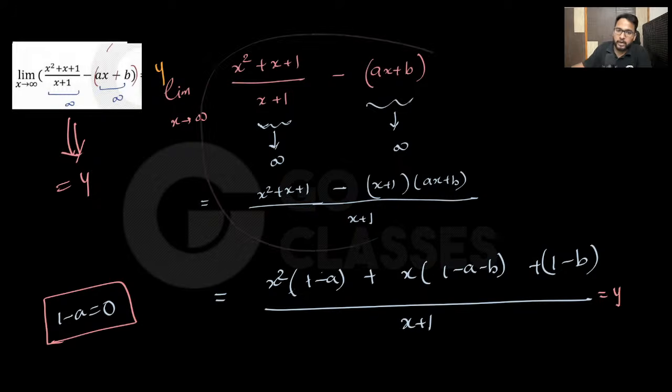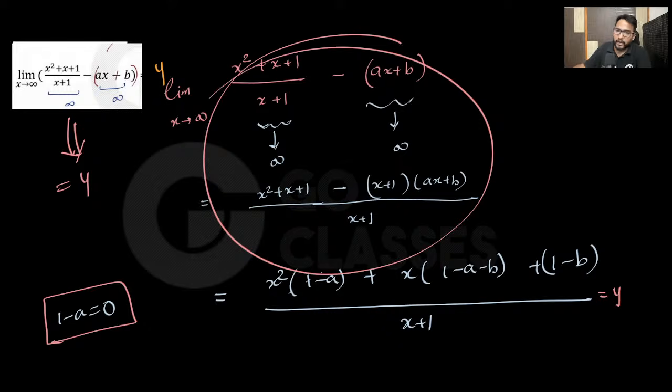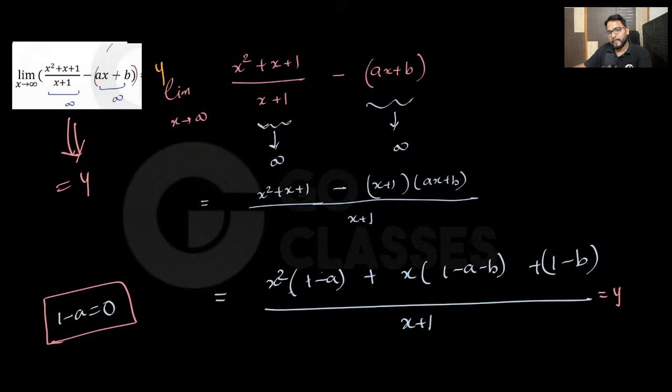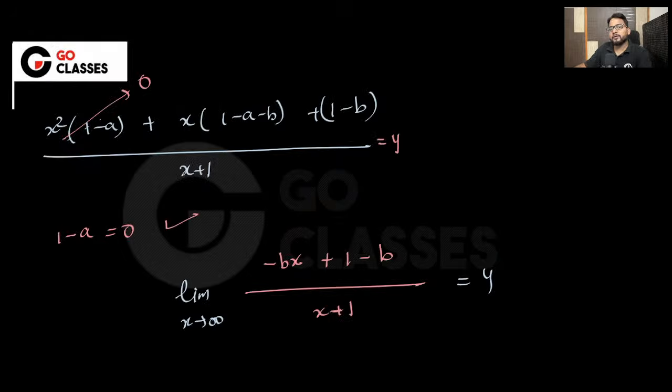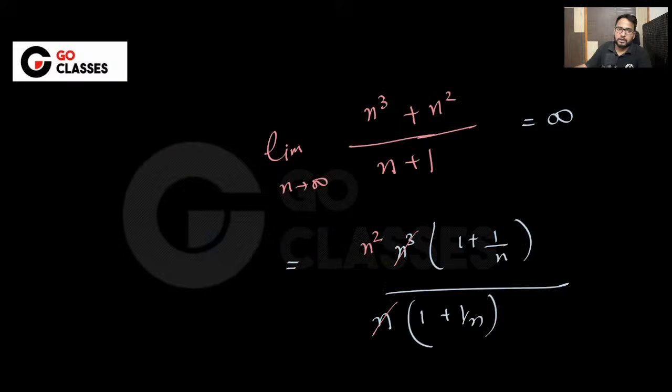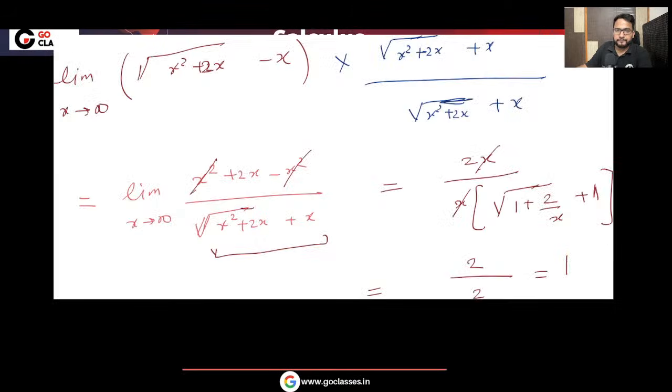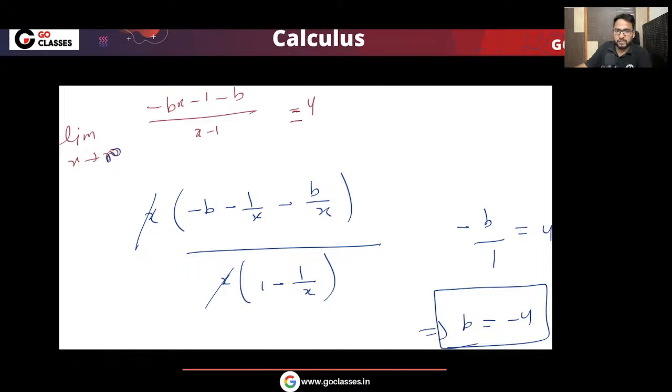Once you club these two, you are going to have infinity upon infinity, and you know how to solve infinity upon infinity. Take the highest power common in both the numerator and the denominator. So you take the highest power common and solve this, which is going to be minus 4.